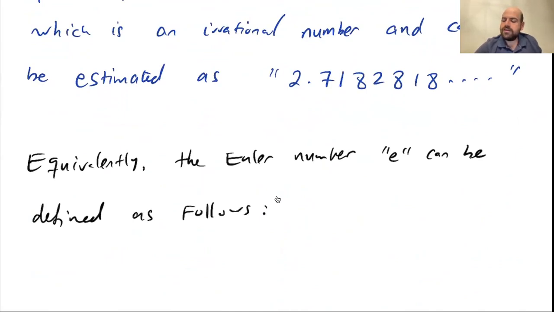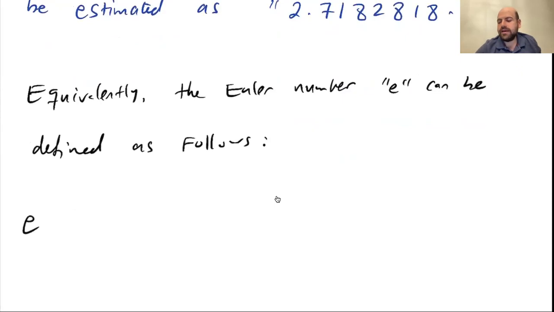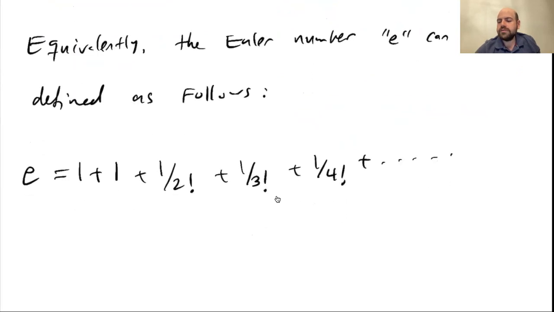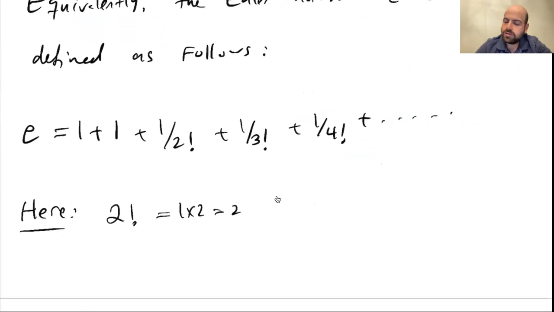Another equivalent definition for E is that you can write E as 1 plus 1 plus 1 over 2 factorial, plus 1 over 3 factorial, plus 1 over 4 factorial, plus dot, dot, dot. So again, 2 factorial means 1 times 2, which is 2. 3 factorial means 1 times 2 times 3, which is 6, and so on.